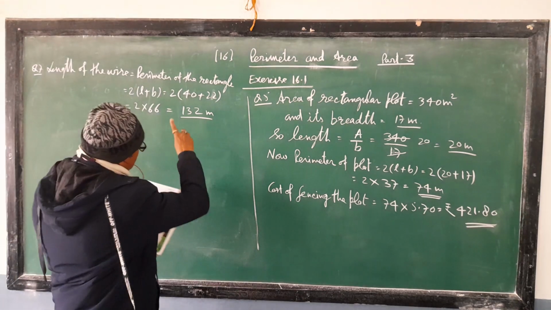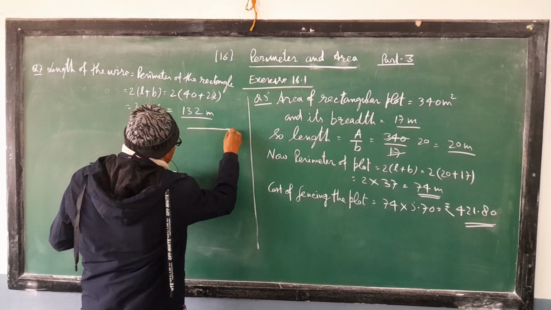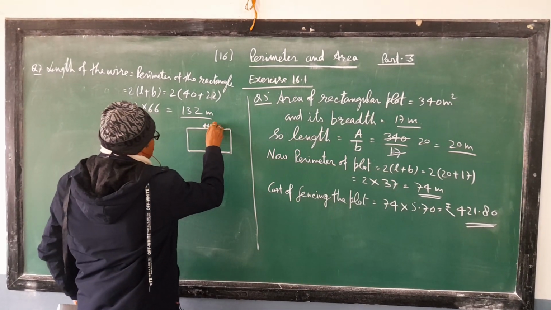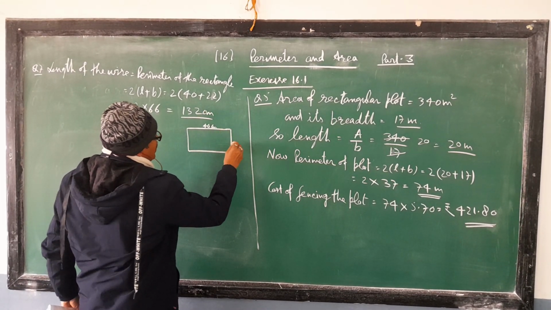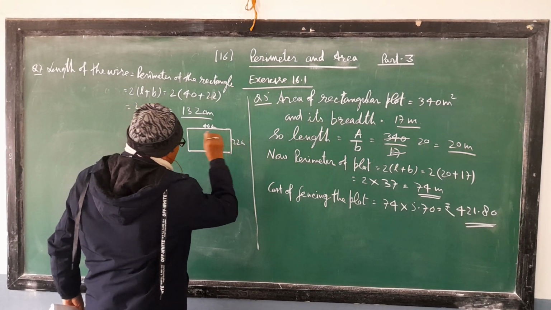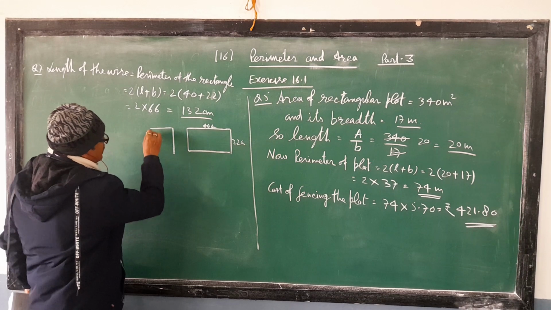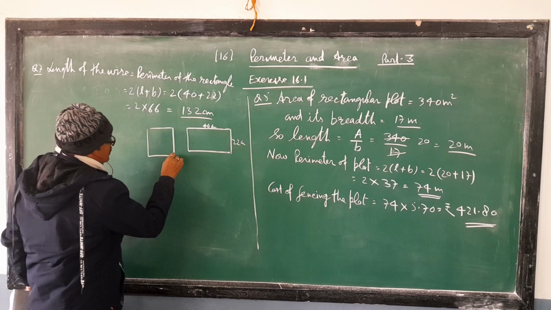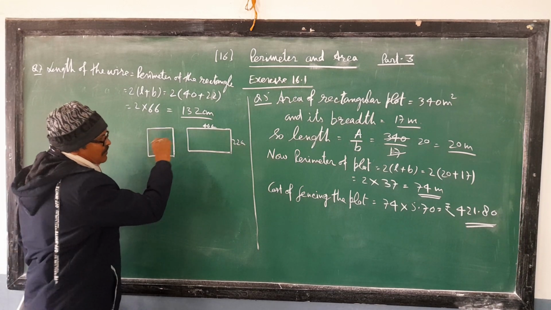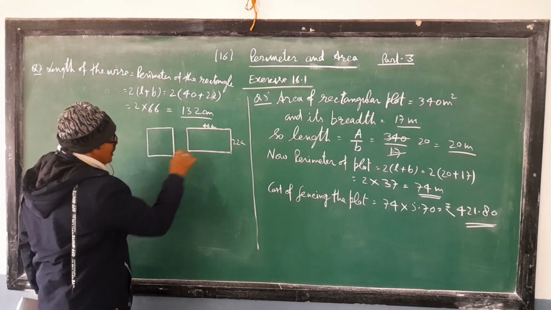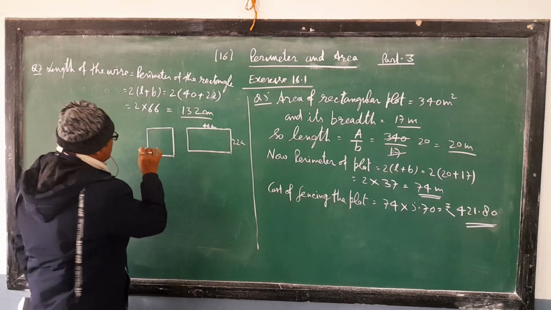Now this wire was like this in the form of a rectangle, 40 centimeters and 22 centimeters. Now this is again made into a square like this. So the length of the wire will remain the same, and this wire will convert into the perimeter of the square.